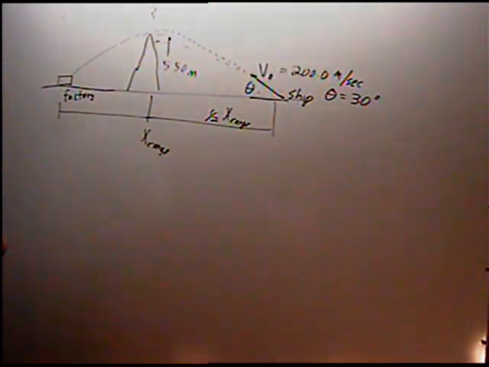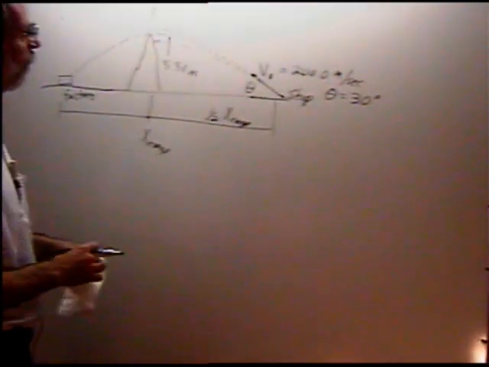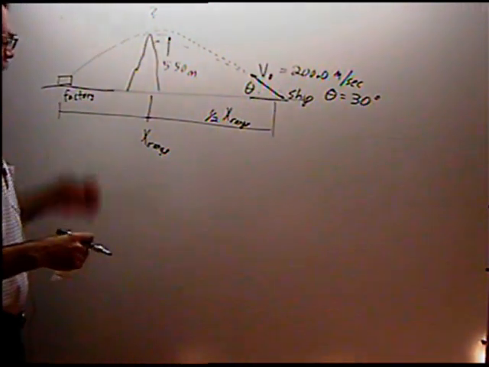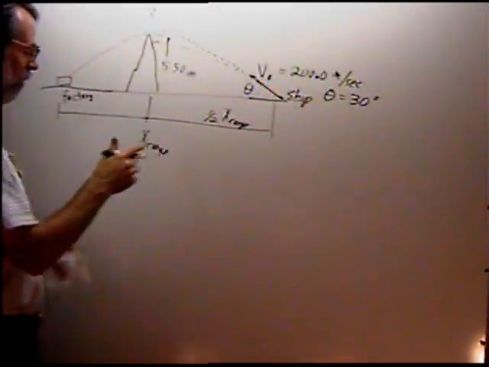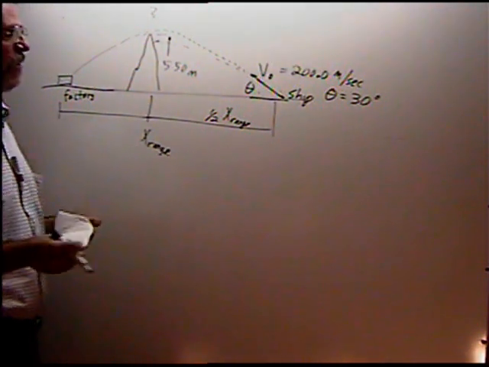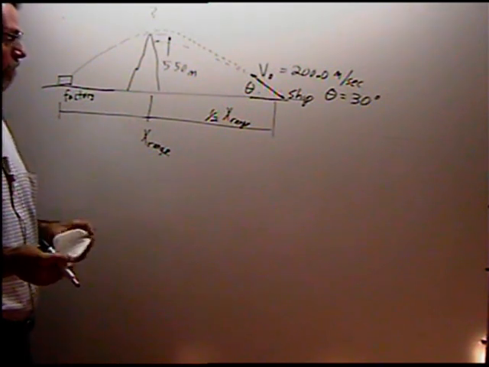Okay. So, well, what's the first thing we want to do? Well, we know this is a range equation type of situation. Okay, so we can actually use the range equation here.